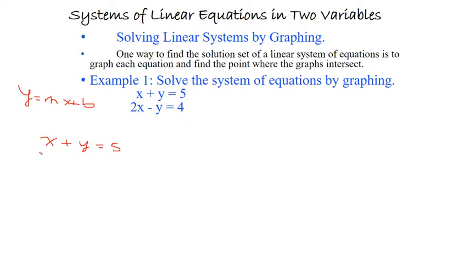So we subtract x from both sides. If we do that, we end up with y is equal to 5 minus x, which is the same thing as y is equal to negative x plus 5.